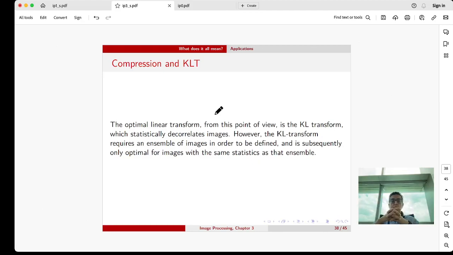It is considered to be a kind of gold standard for image compression. However, it's only going to be as good as the collection of images that has been used to define the basis images of the transform. If the images you actually want to compress fall outside of that example set, then your compression may not be as great as you'd like.